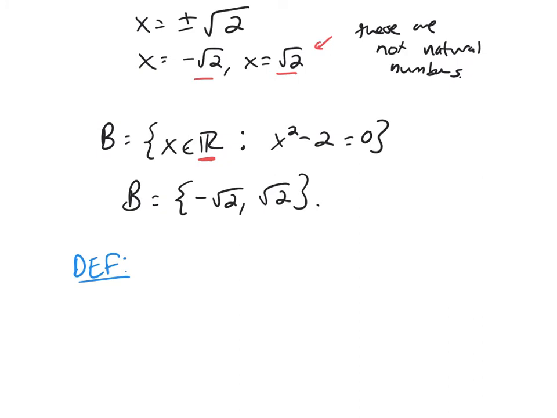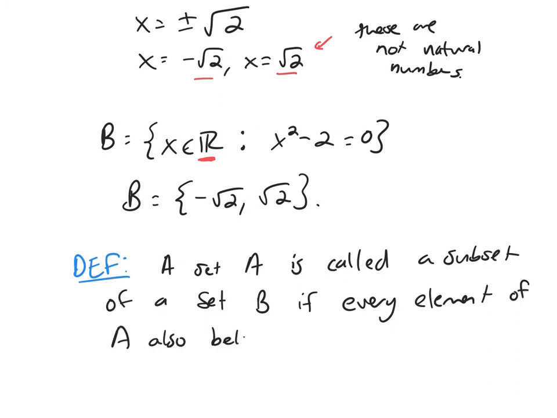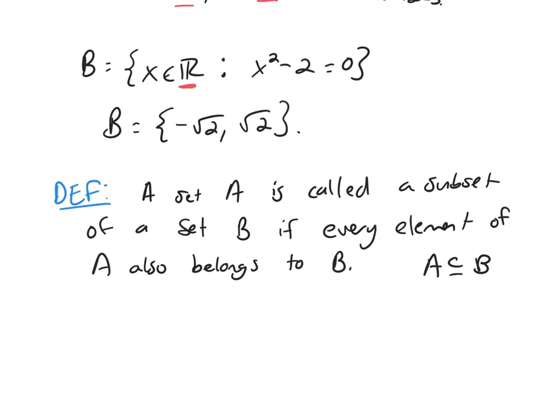So now let's define a subset. A set A is called a subset of a set B if every element of A also belongs to B. And the notation we use here is A is a subset of B. So think of some examples of subsets.